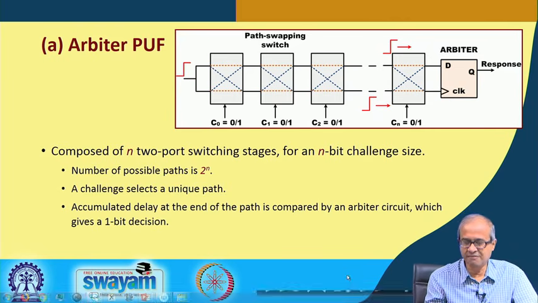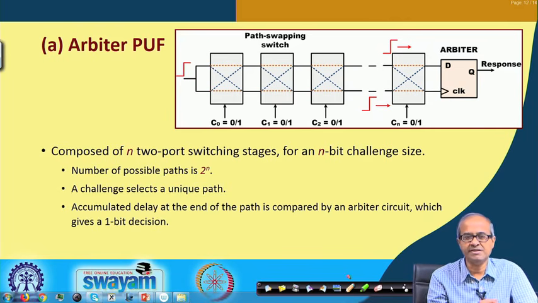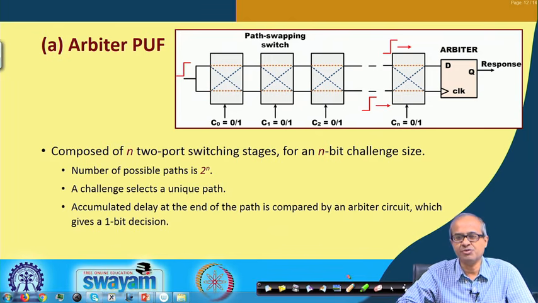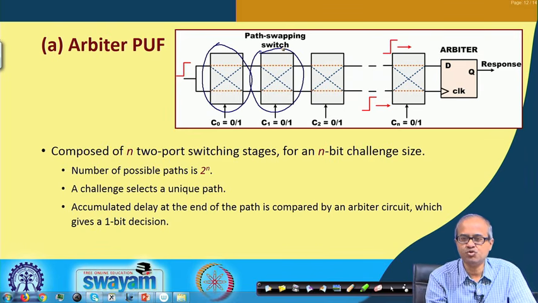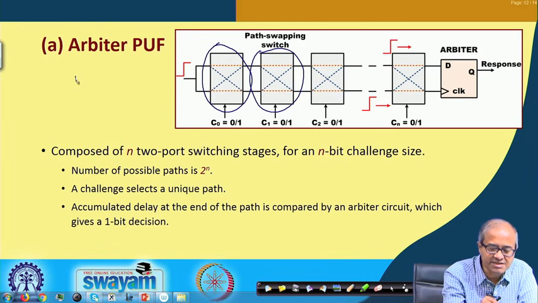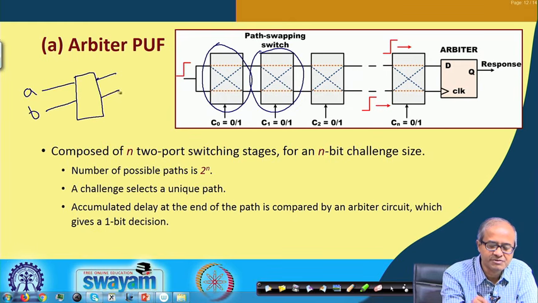This is a very common and popular design. This is called arbiter PUF. Schematically it is shown like this. You see these rectangular boxes, these are nothing but path swapping switches. What it actually is like this. Suppose there are two inputs, let us say A and B, and there are two outputs.